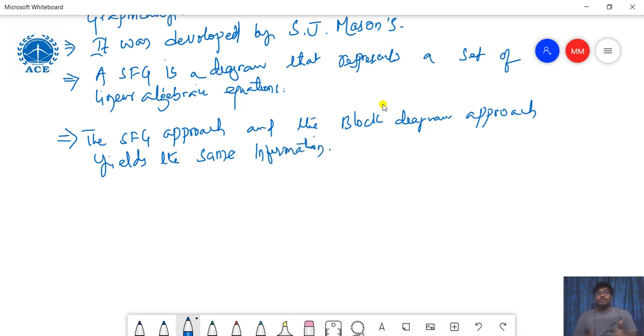Both techniques provide the same information, that is, finding the transfer function of the given control system. One uses blocks, another is graphical, right?